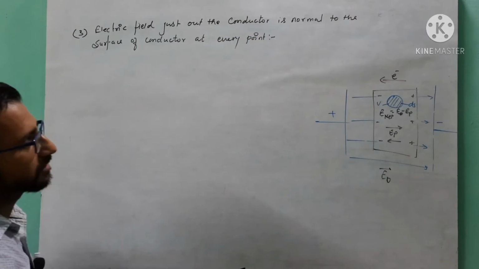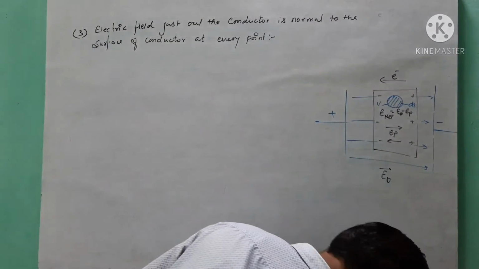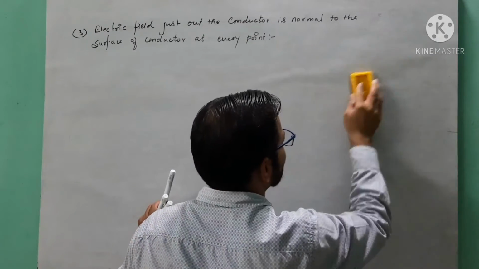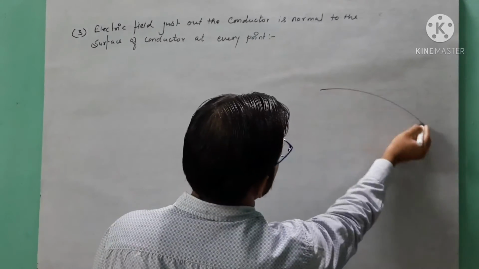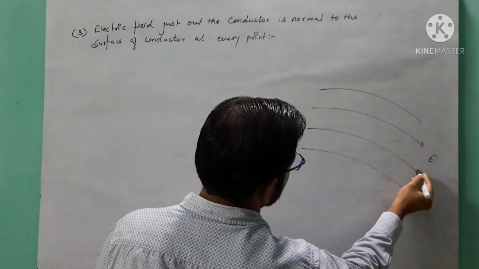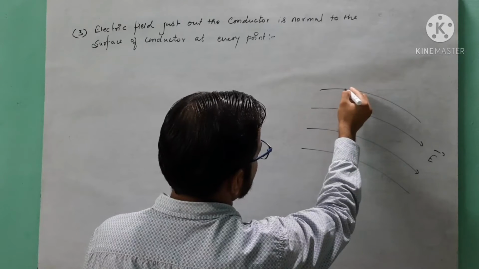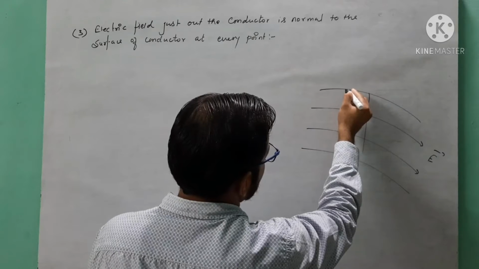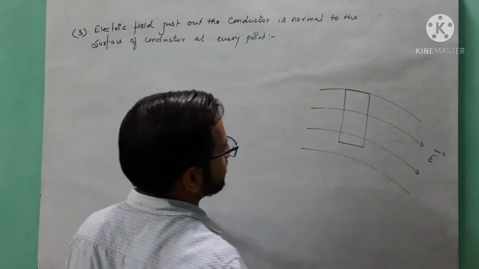Suppose I draw the diagram for it. Suppose, student, this is the direction of electric field E, and in this electric field I have drawn a surface. Just imagine the surface is touching the tangent.